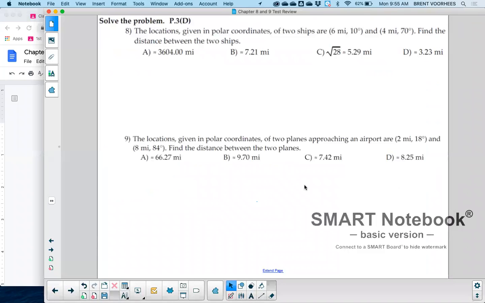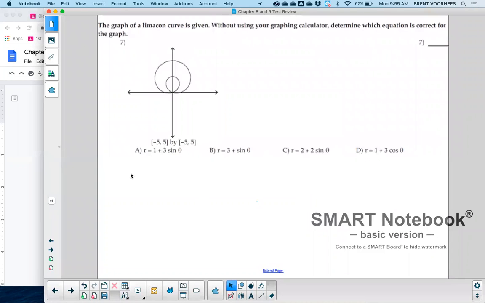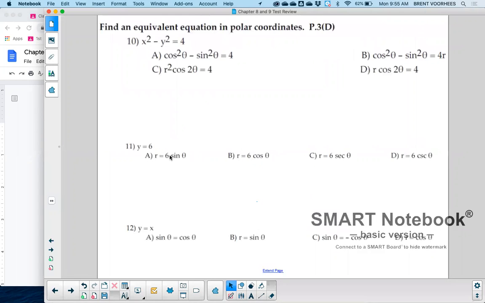How do we know which questions we use X and which ones we use theta? Great question. So when you're graphing, if you have the letter R, you always use the theta. The only time I substituted was when it did not have an R. So like on 12, I was trying it on this one. They did not have an R there.